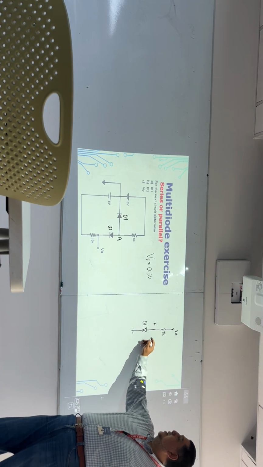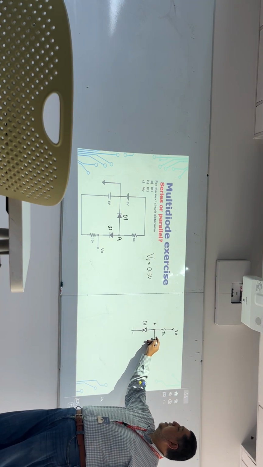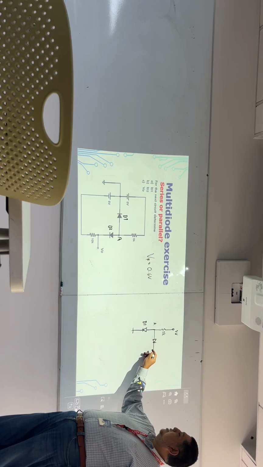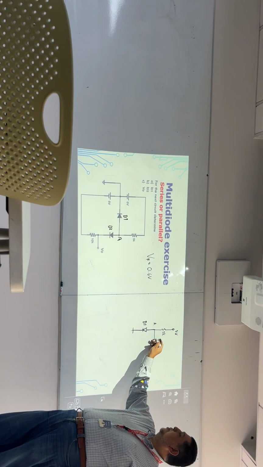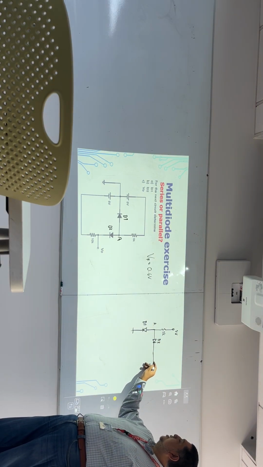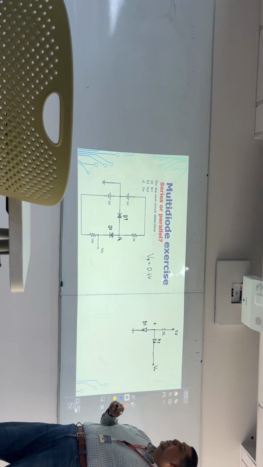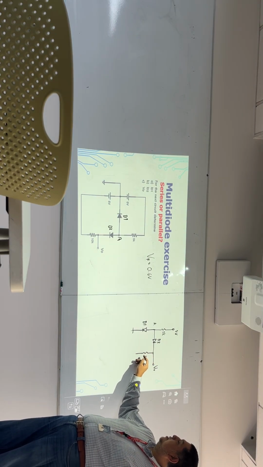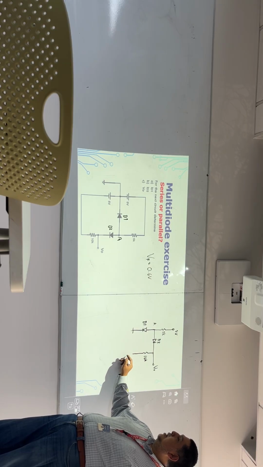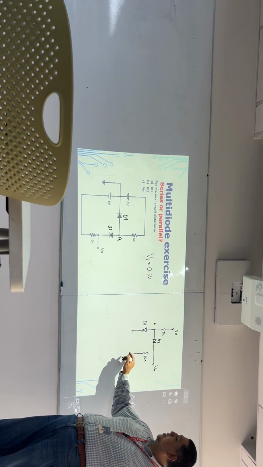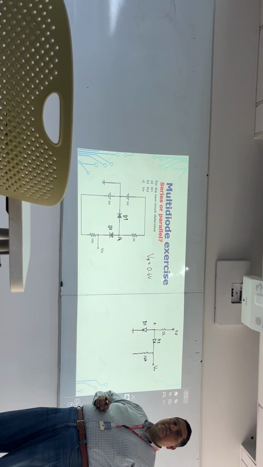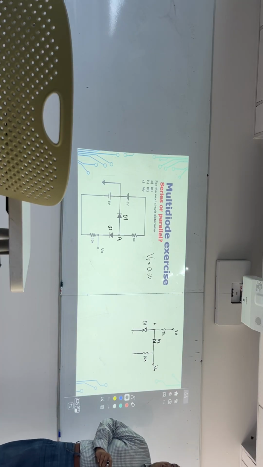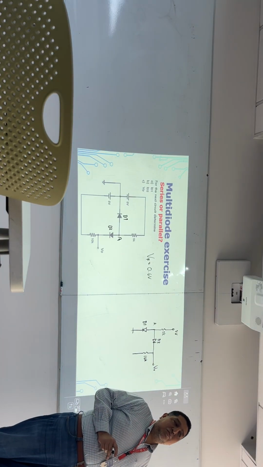Okay. Now I have another diode like this, and this is D2. Now here I have V0, then a resistor, and this resistor is 10K. And what should I connect this side to? 5 volts or minus 5 volts?